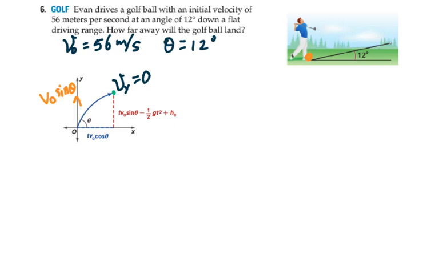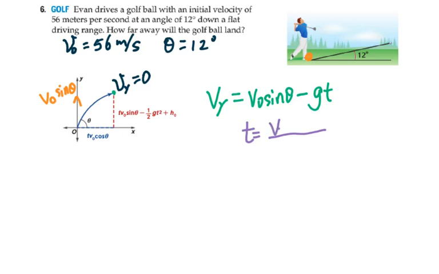Therefore, we set up V_y equals V0 sine theta, that means the original vertical speed, minus gt. In this way, we can figure out this t. t equals V0 sine theta over g.